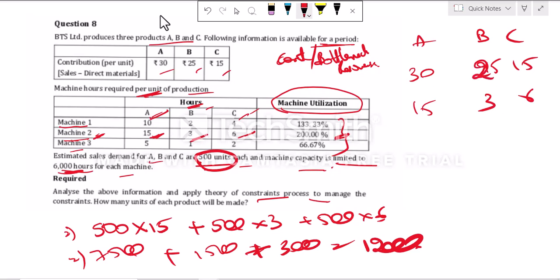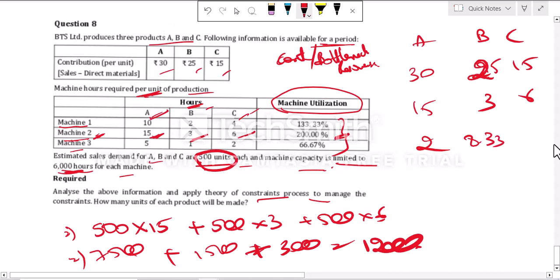So contribution per bottleneck resource: 30 divided by 15, 2. 25 by 3, 8.33. 15 by 6, 2.5.